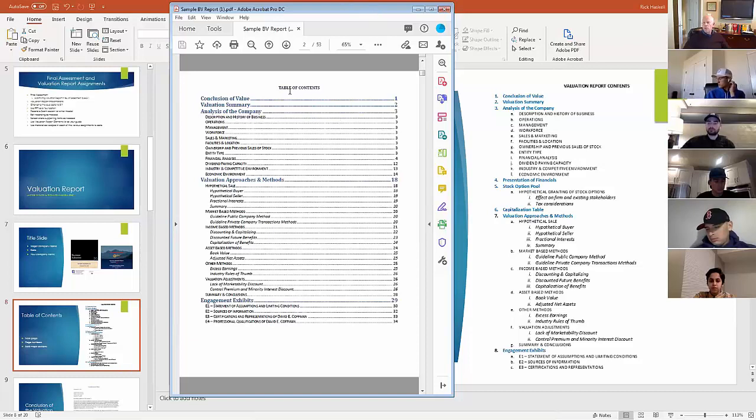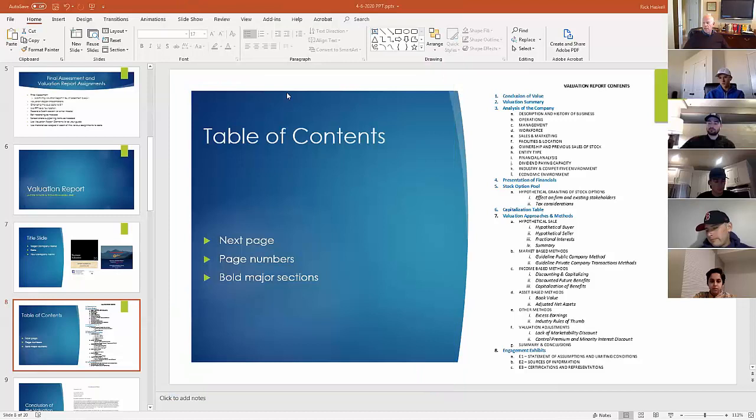So when you look at that sample report, don't only use the table of contents that it has to inform what you're putting in your report, but use the additional elements as I've constructed them here in this slide that Jacob's put together for us.